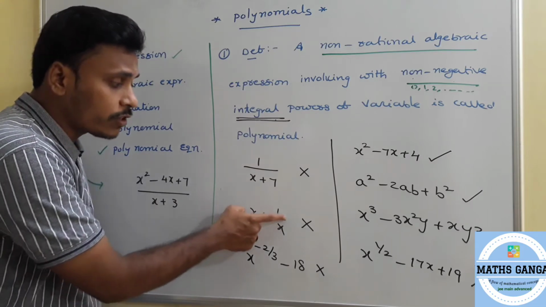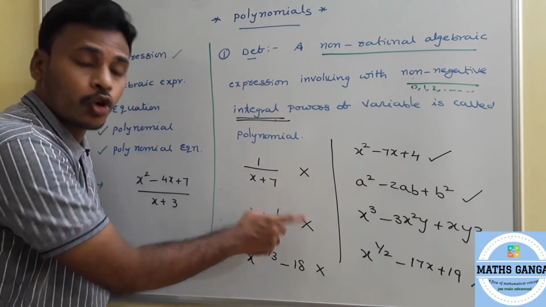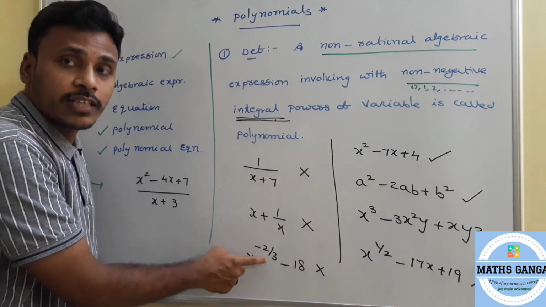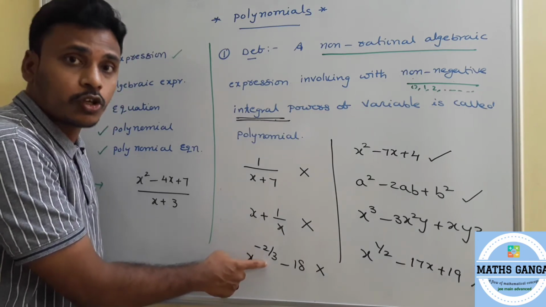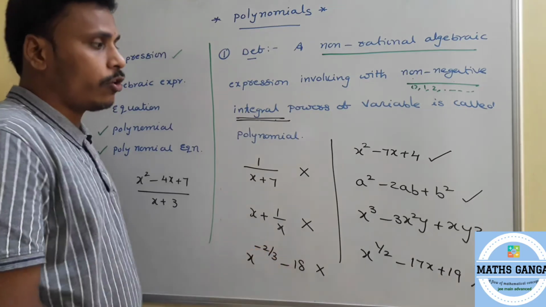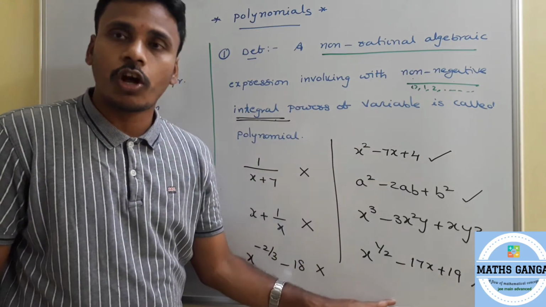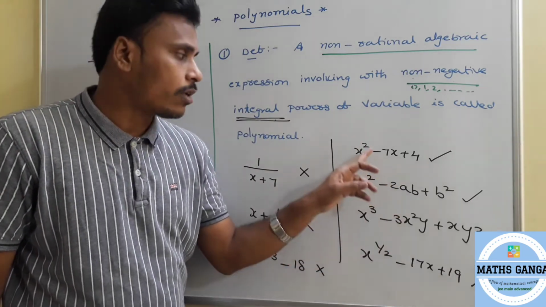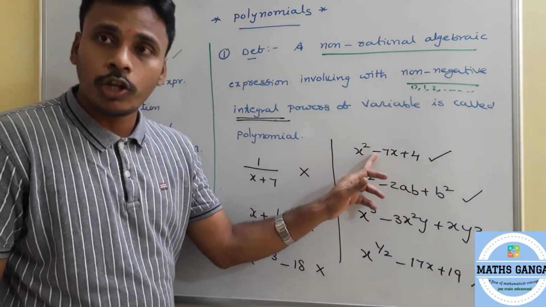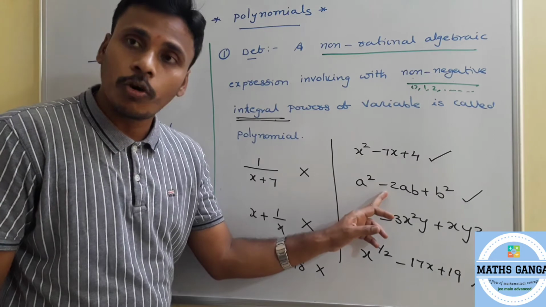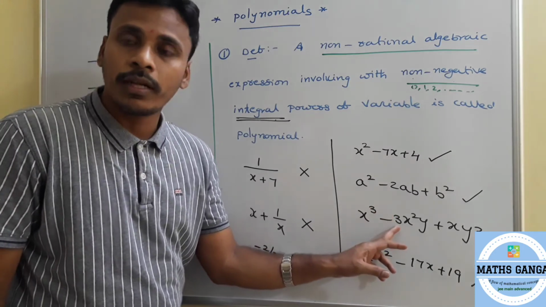Here, the power of the variable x is minus 1, so it is not a polynomial. Here, the power minus 2 by 3 is not an integer, and it is also negative, so not a polynomial. Whereas these three are all polynomials, because the powers of the variables are non-negative integers. This is a polynomial in one variable, this is a polynomial in two variables, this is a polynomial in three variables.